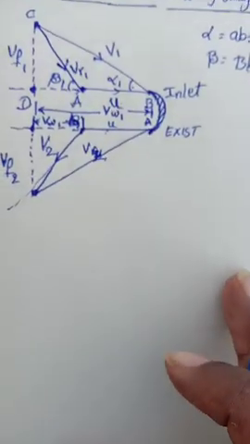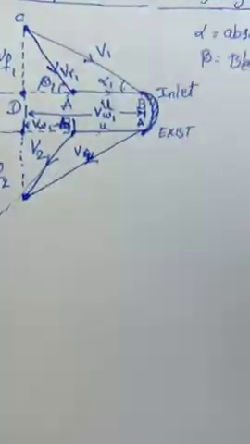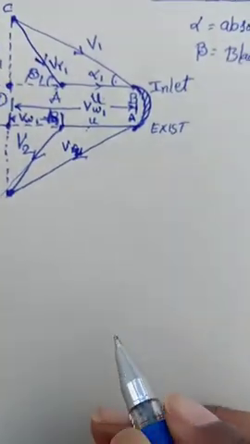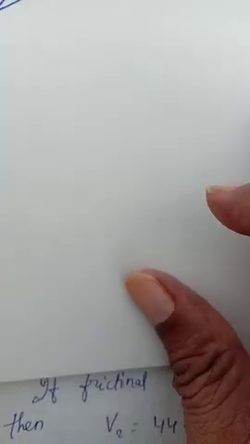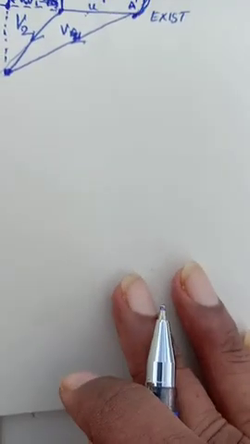Now we are going to solve the problems. We have combined these two velocities, inlet velocity and outlet velocity. How we will draw the combination of two velocities.